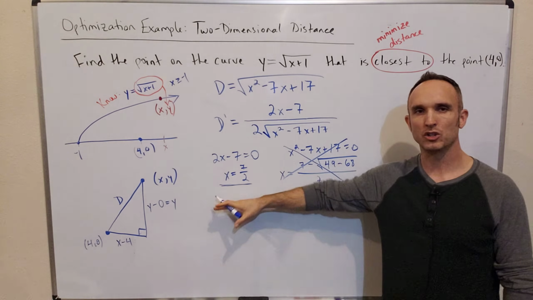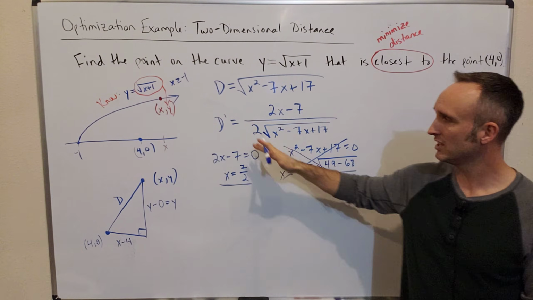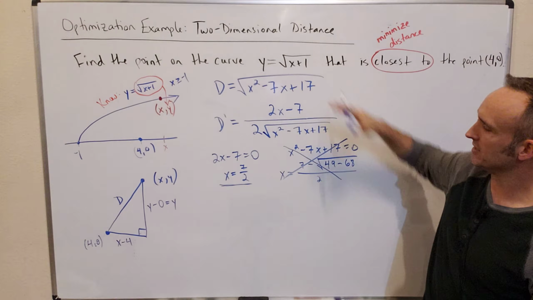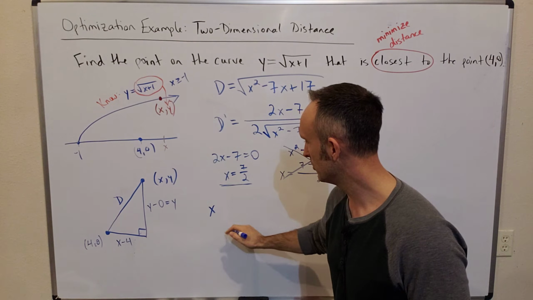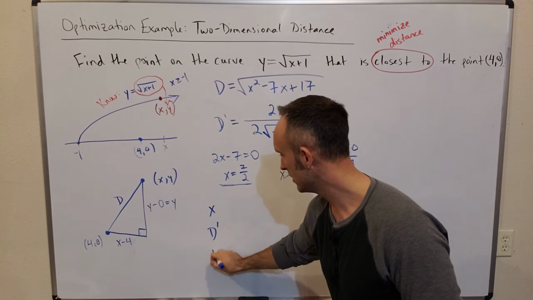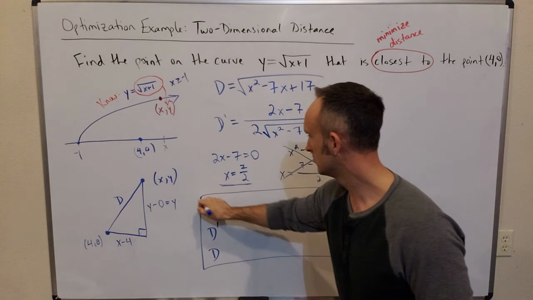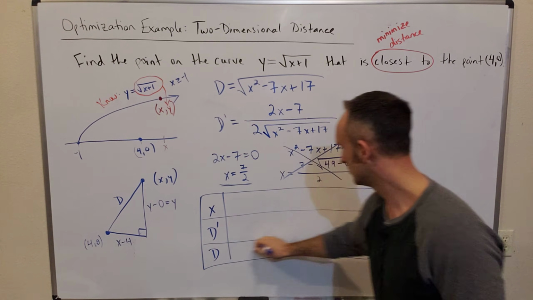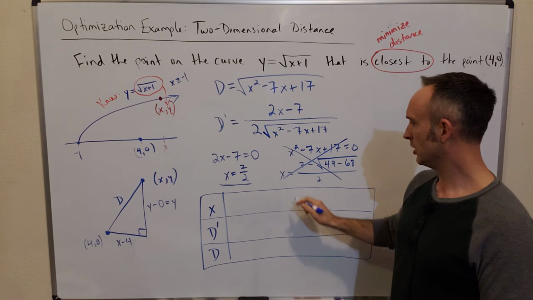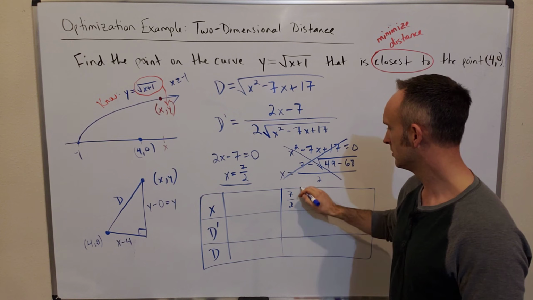Now we can create our chart to plot the derivative versus the distance function and find out if we can minimize this distance function. So I'll set up my x row, my d prime row, and my d row. And I'll put my critical number 7/2 right here.